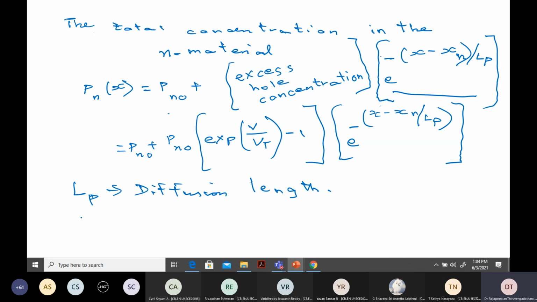For smaller LP, there is rapid decay of the total concentration of holes.